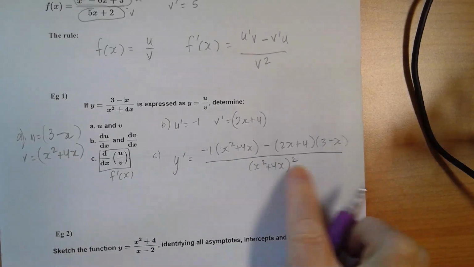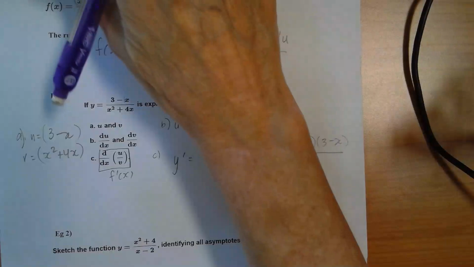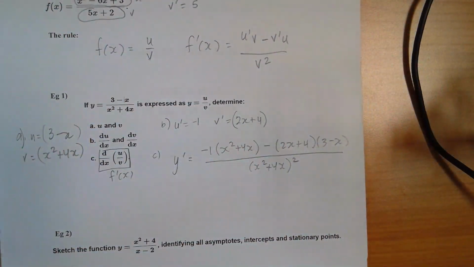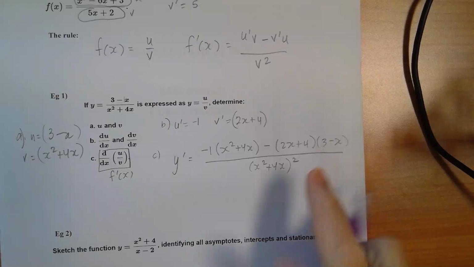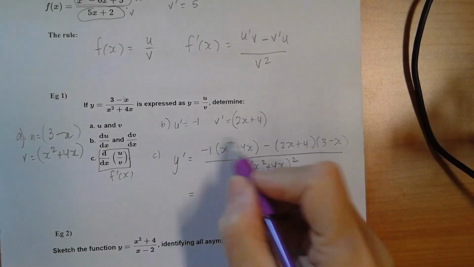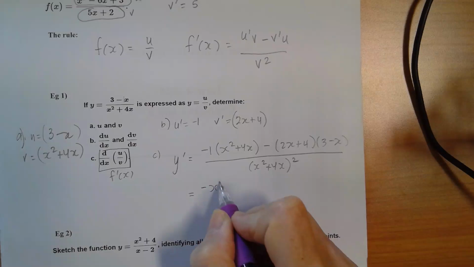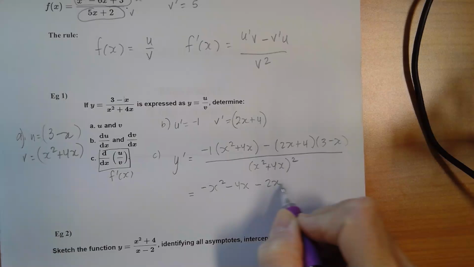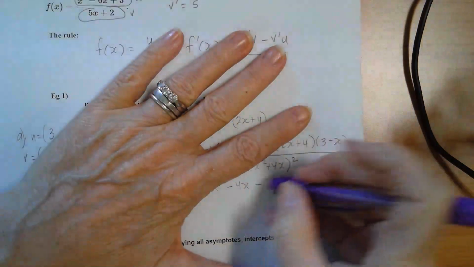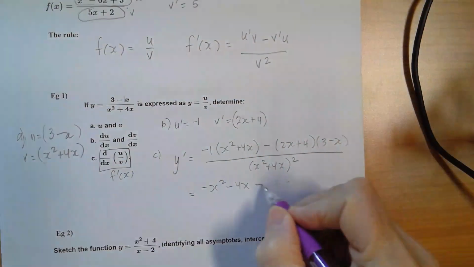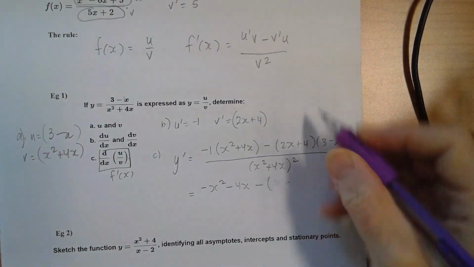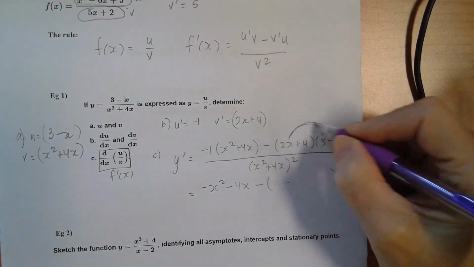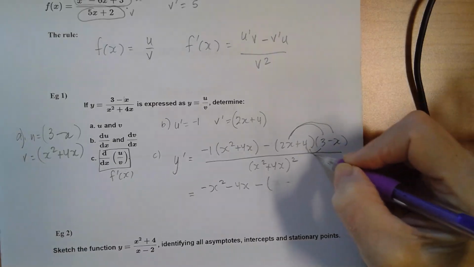We almost never do anything with that bottom. But the top we could simplify. We could expand it, and we could get negative x squared minus 4x minus 2x, no, goodness, minus, and then I could expand this right here, and I could expand all that.